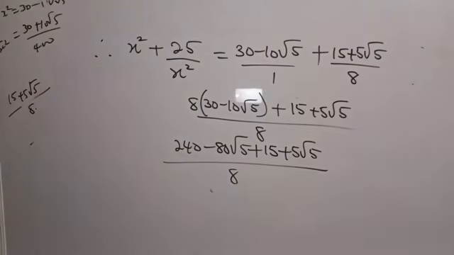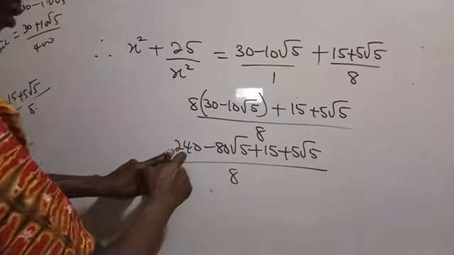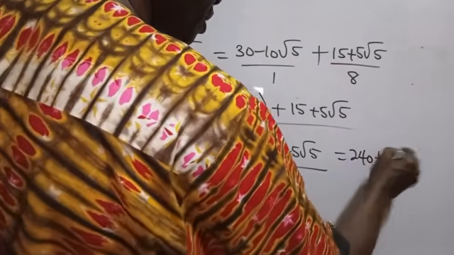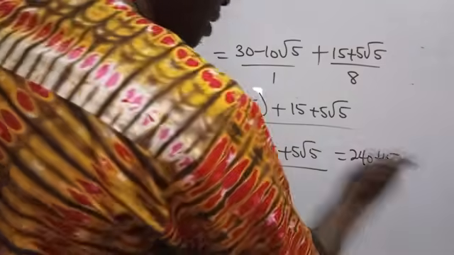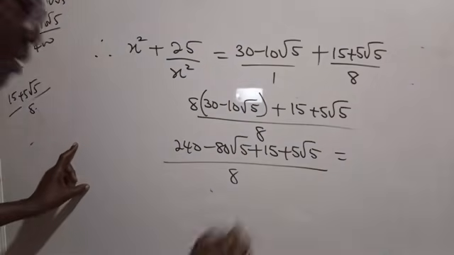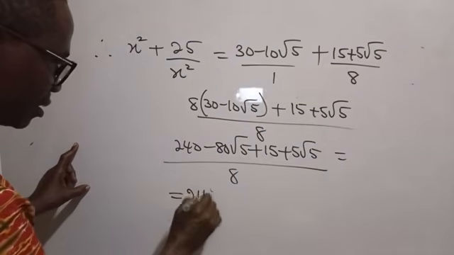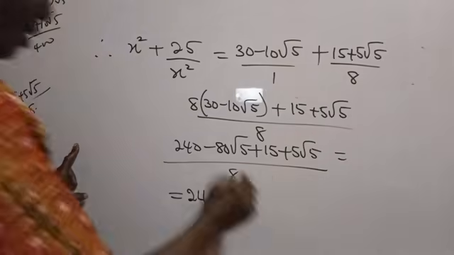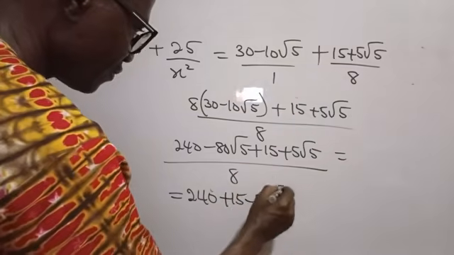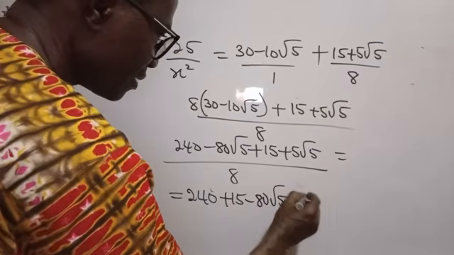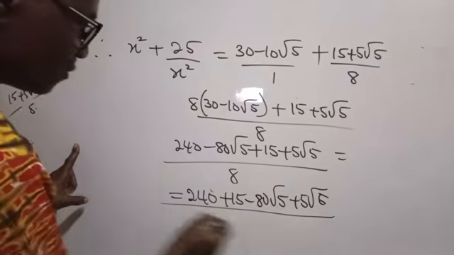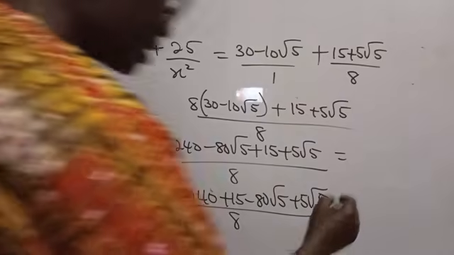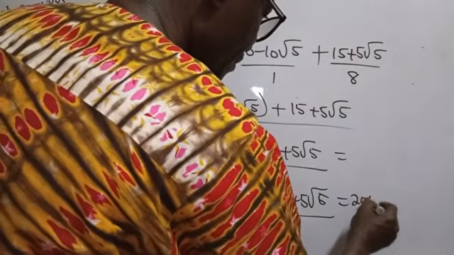So we collect like terms, okay? Now, 240 plus 15, let me write it here. 240 plus 15, these are just ordinary numbers. The minus 80 root 5 plus 5 root 5 all over 8. Good. So 240 plus 15, that's 255.